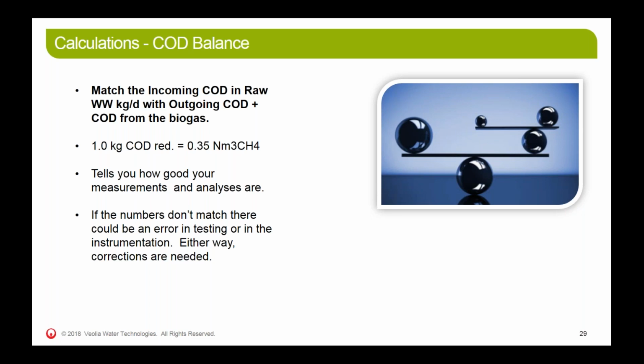But if you calculate your COD removals and your biogas and you're off by 50%, then you probably have an issue. Is your gas meter wrong? Is your COD meter reading incorrectly? Or are you doing your COD measurements incorrectly? So it's just another check and balance that can be done with the data you should be taking on a routine basis anyway, to have a better understanding of your system.